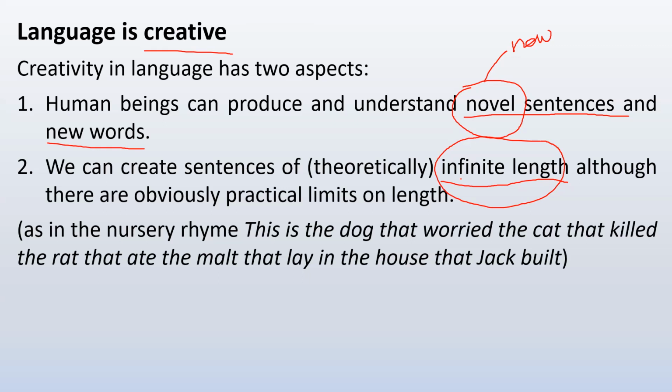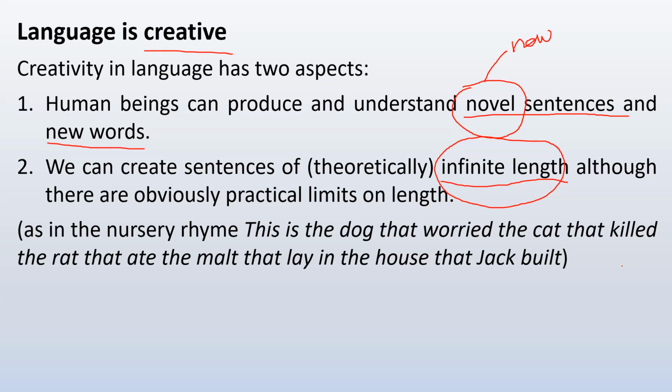Just look at this nursery rhyme given here. This is the dog that worried the cat, that killed the rat, that ate the mole, that lay in the house that Jack built. If you want, you can add more clauses beginning with that and extend this. This can be as long as you wish.